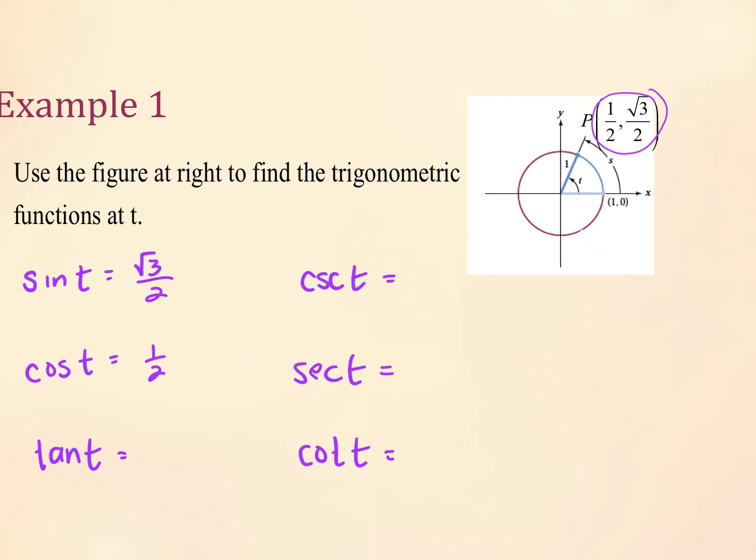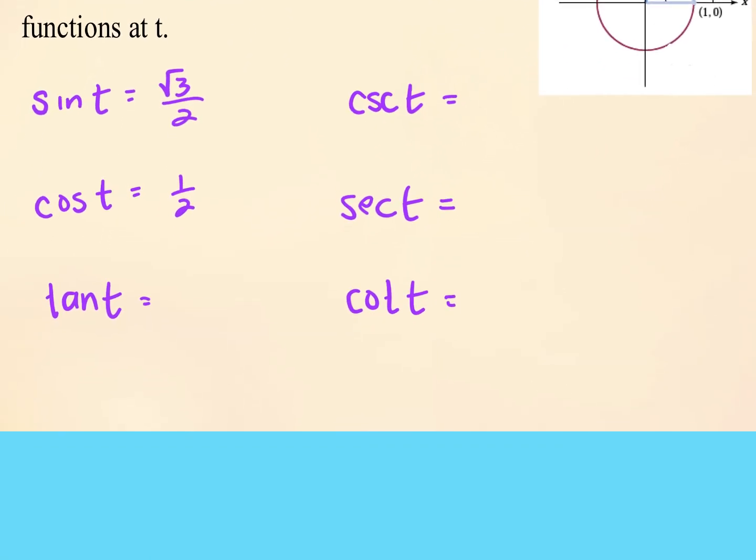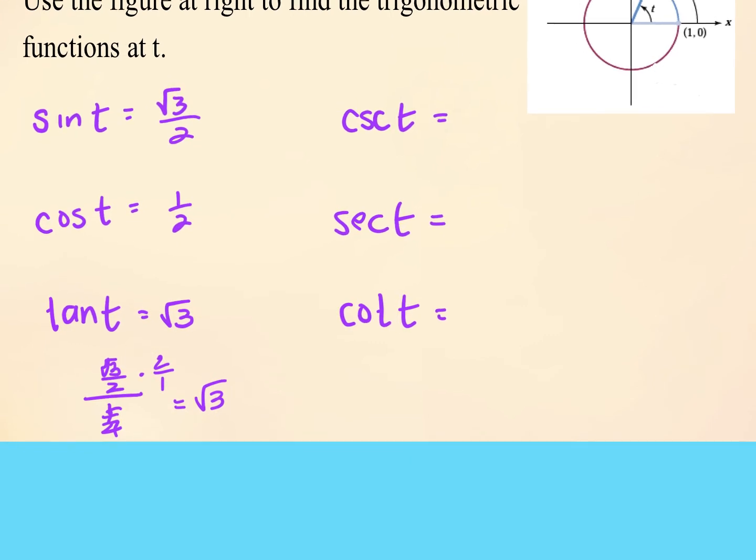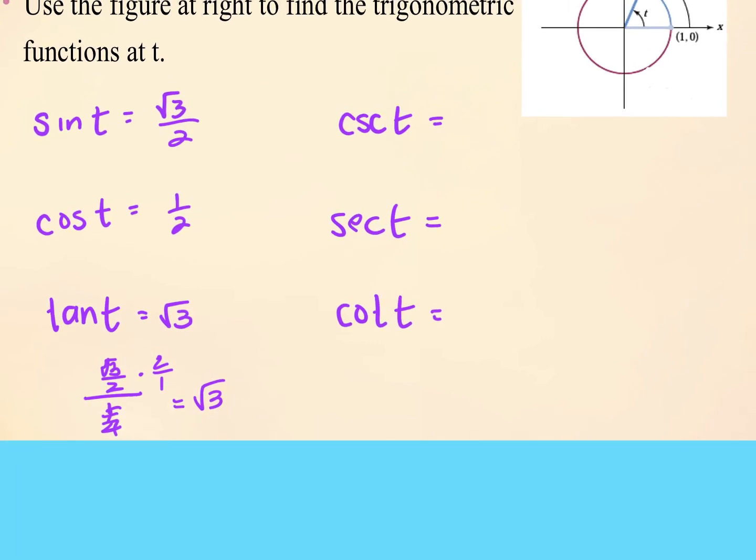Tangent would be y over x. So I'd get root 3 over 2 over 1/2. I'd have to keep, change, flip. Just root 3. Now flip them all. The cosecant would be 2 over root 3, which has to get rationalized: 2 root 3 over 3. Good.